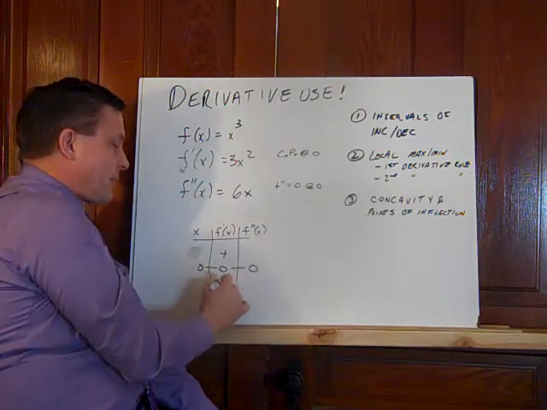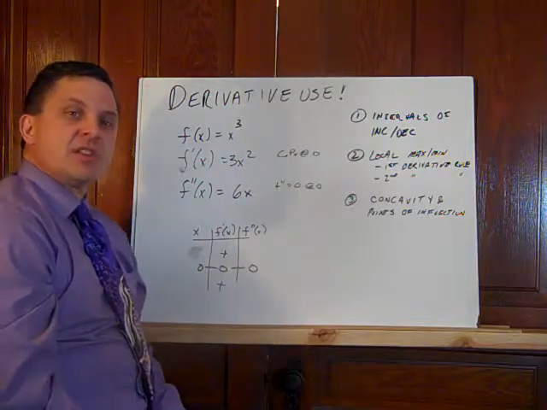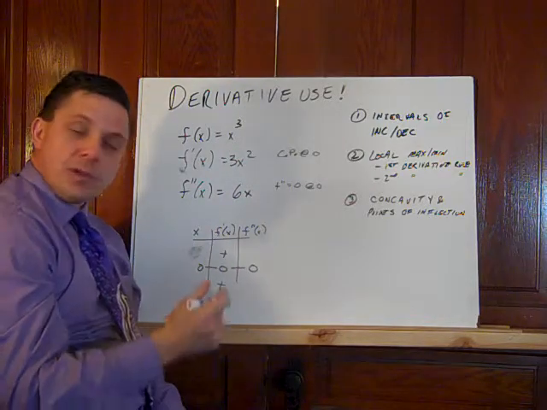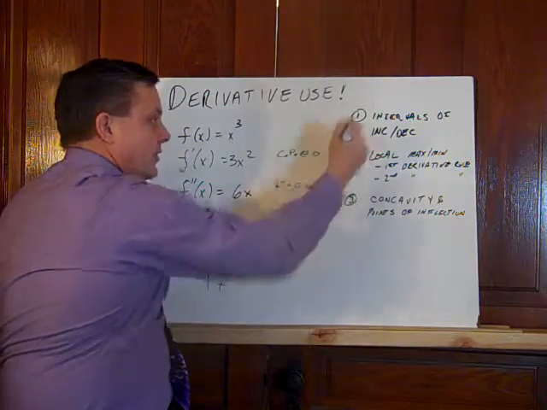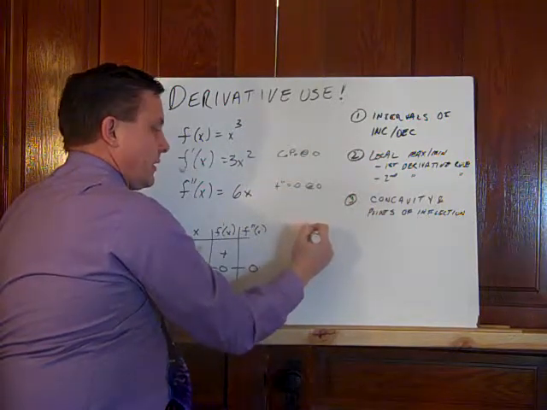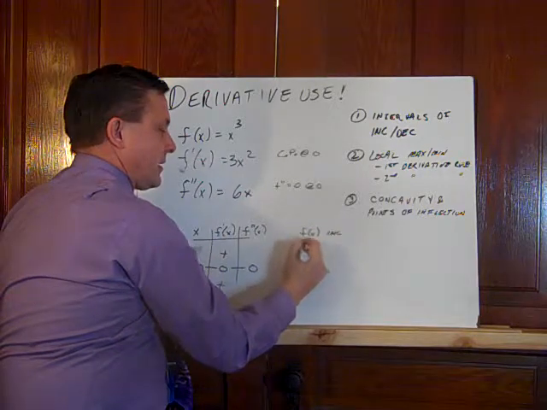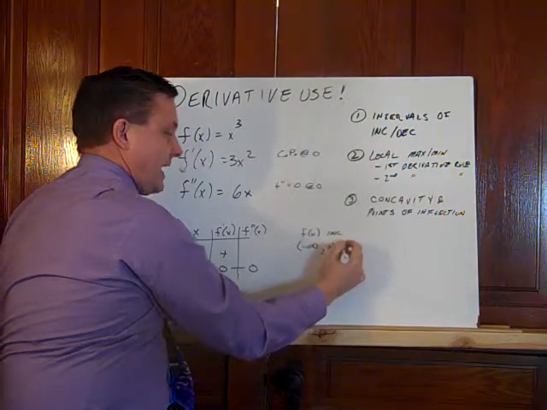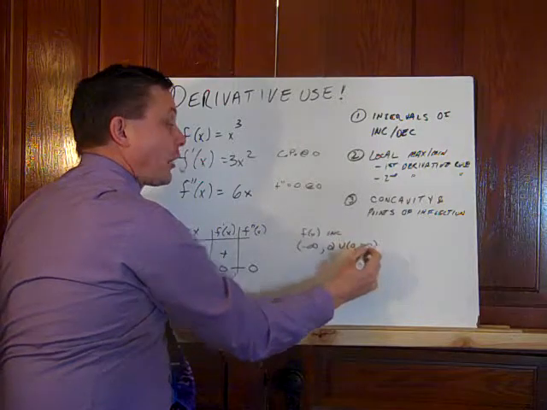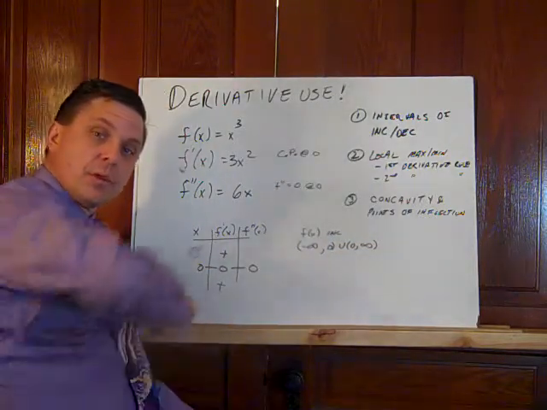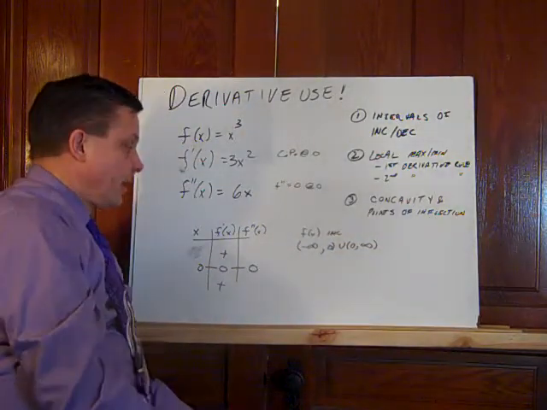And if it's greater than 0, it's positive. So it's increasing on both sides. And we know that. So the intervals of increasing and decreasing on this function is f of x increases from negative infinity to 0 and 0 to positive infinity. There are no decreasing parts, and we know that from knowing what the curve looks like.